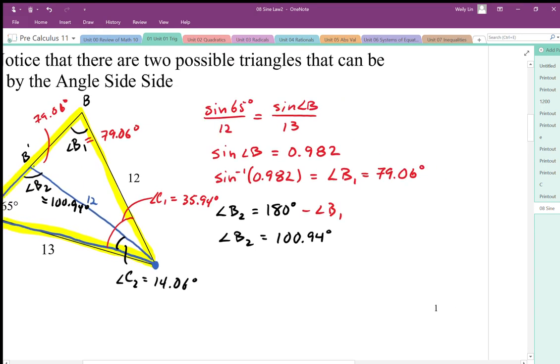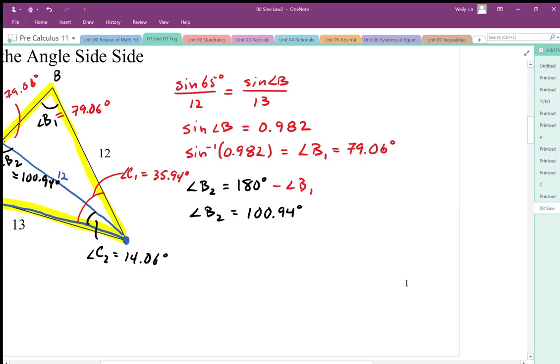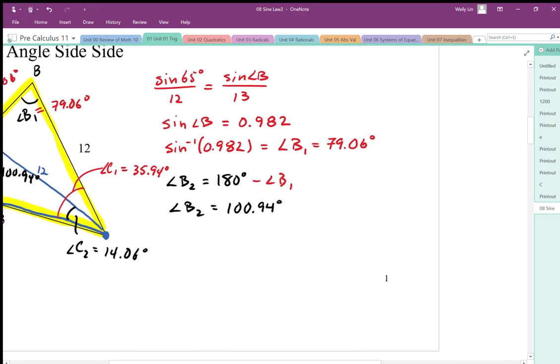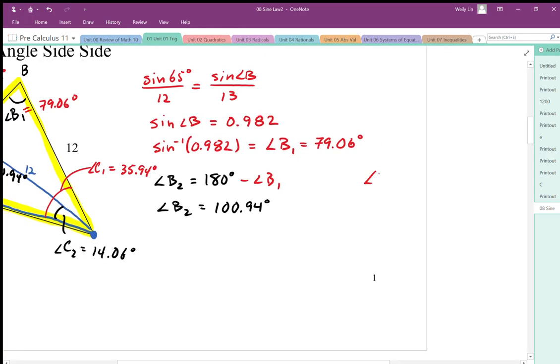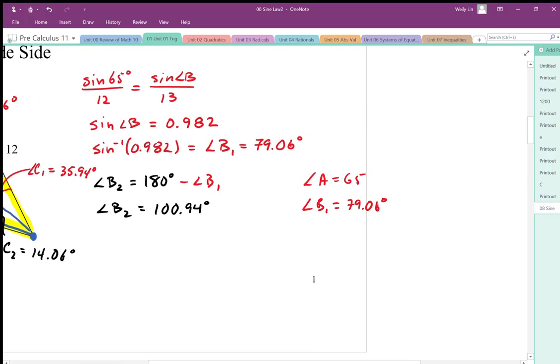So we end up with two sets of information for the two different triangles. I'll summarize it here. We have angle A, which we'll call 65 degrees. Angle B1 ended up being 79.06 degrees.